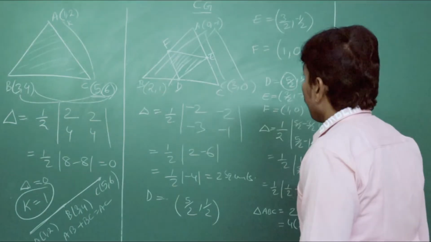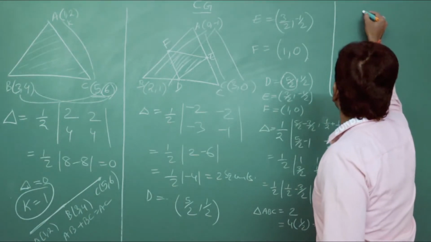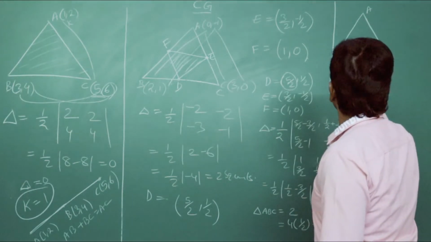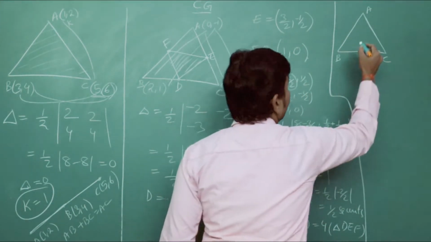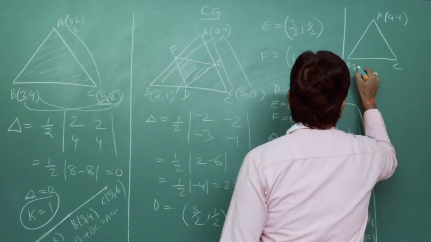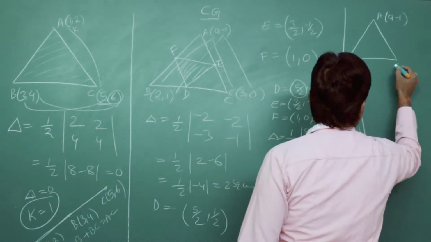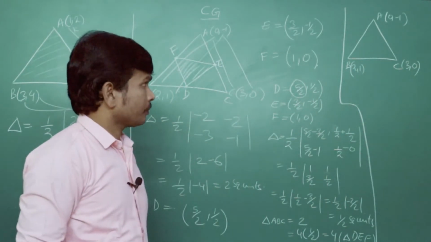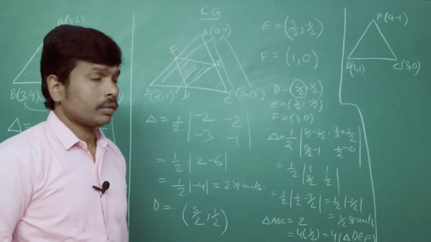Next, one more we will discuss. Get ready. Now, the same triangle we are taking, A, B, C. What are those vertices? 0, minus 1; 2, 1; and 3, 0. Now you observe.